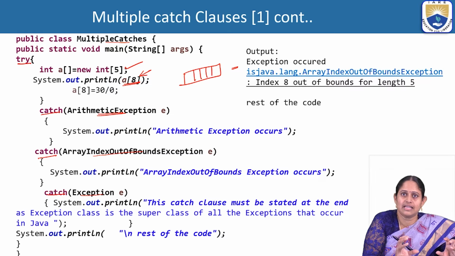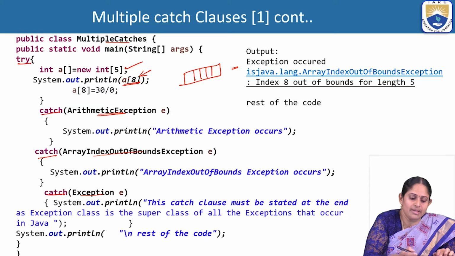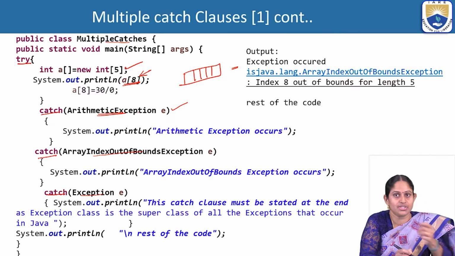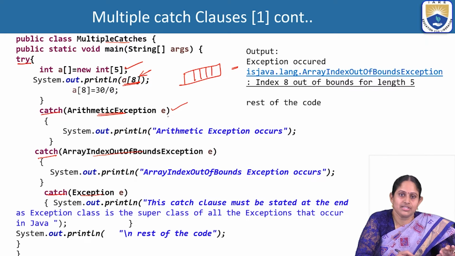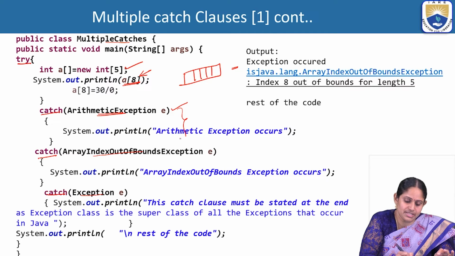Whatever exception object is thrown will be compared with the catch blocks. The first one is given for handling the arithmetic exception. Since the exception thrown is the index out of bound, it does not match with the first catch block, so it will bypass those statements.